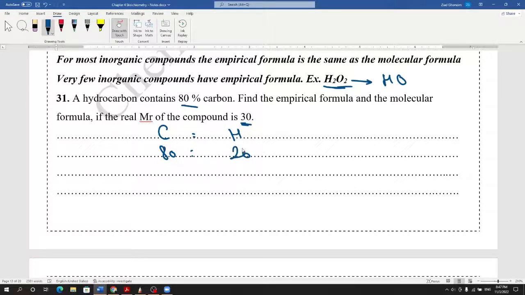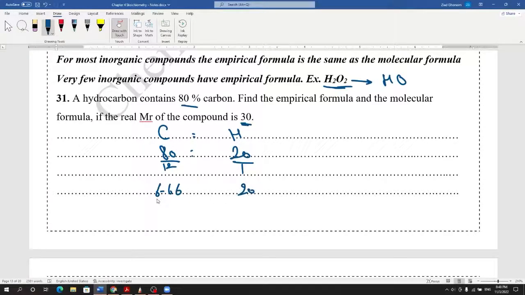Right? Now, we divide by the relative atomic mass for each element. So here we divide by 12, here we divide by 1. 80 divided by 12 equals 6.66, and here we have 20.